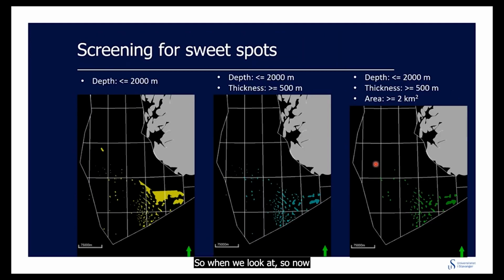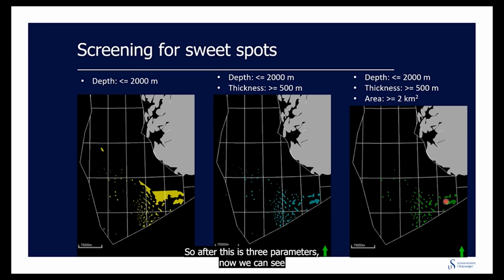So now let's look at the result. First, we screen out the areas with a buried depth less than 2 kilometers. Then we introduce the thickness is more than 500 meters. The last one, we introduce the area requirement.